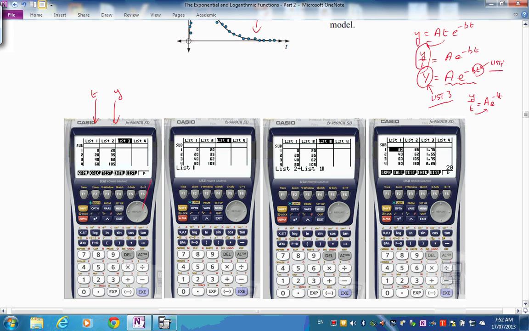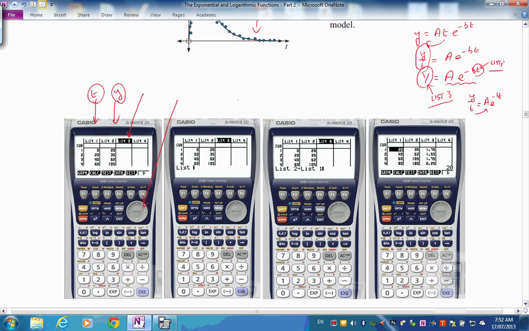Well, with this button here, we move our highlight up to list 3, because we're going to tell the calculator not to use y against t, because the surge function has 2 places in the formula with the independent variable. We've got to make it easier for the calculator than that.